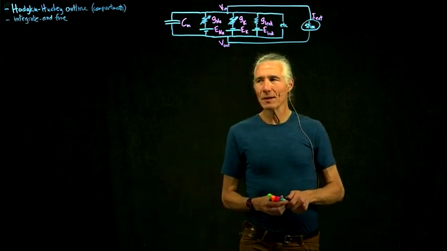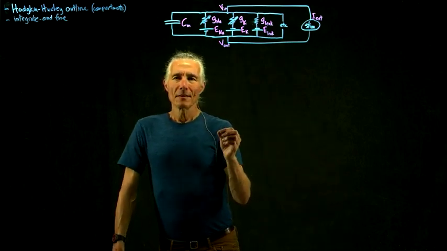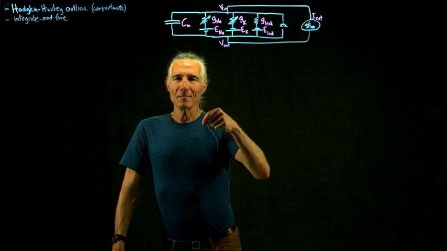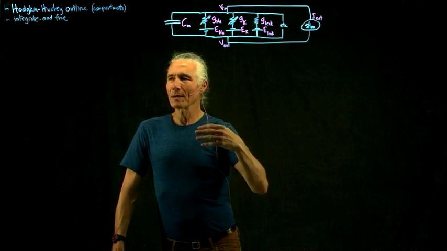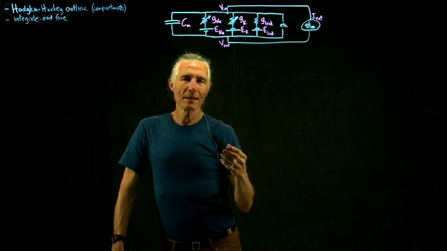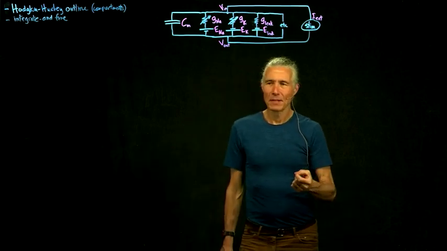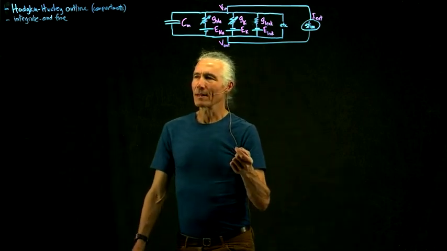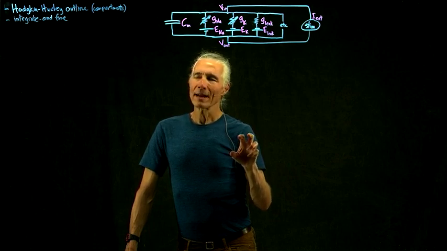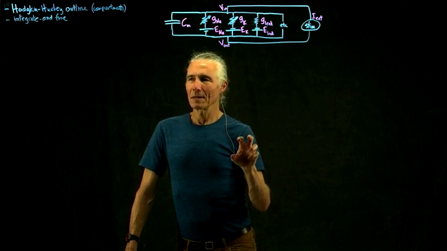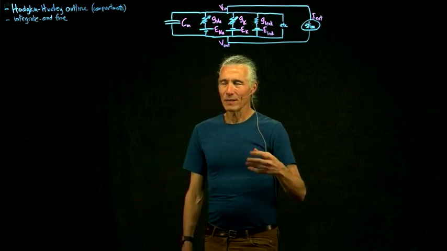Well, they had a theory that there were little particles that would get somehow stuck in the channel that would control whether or not the channel opened and closed. And so there'd be an inactivating particle that would cause the inactivation, and then they imagined that there were 2 or 3 activating particles, and they did this partly because this is what you needed to make the equations work out properly.